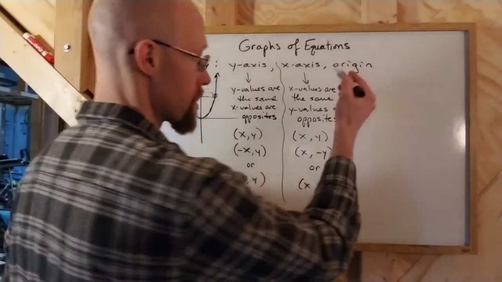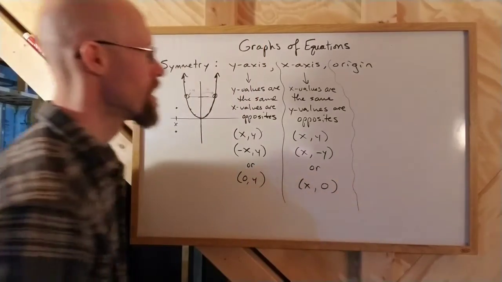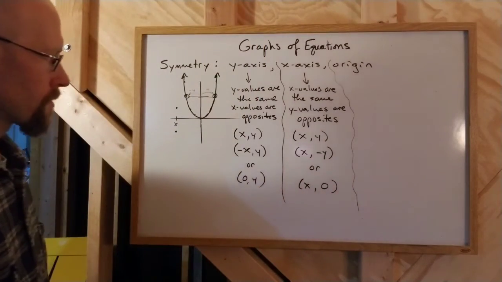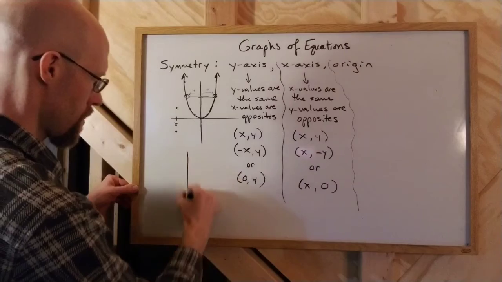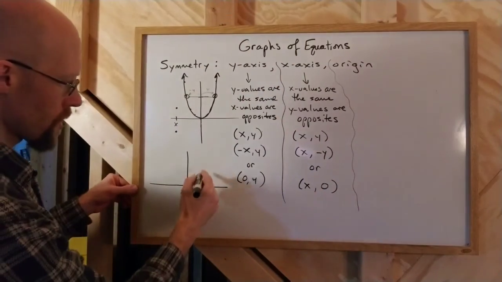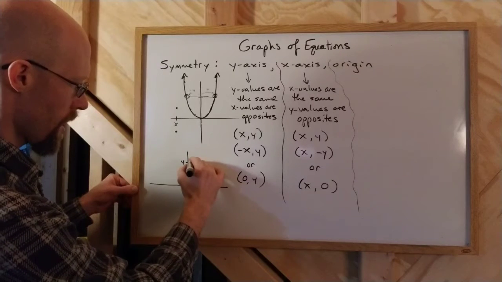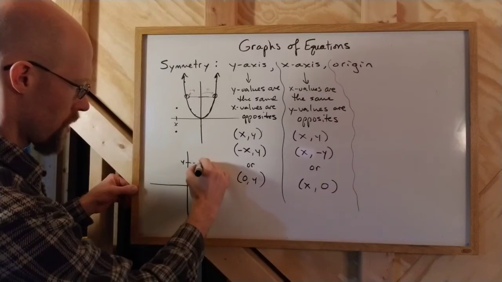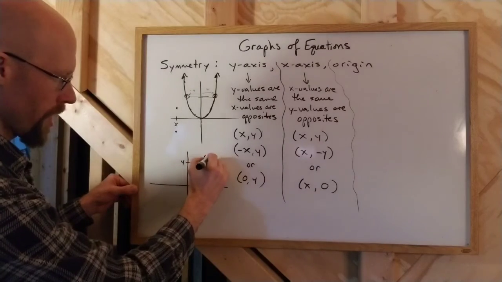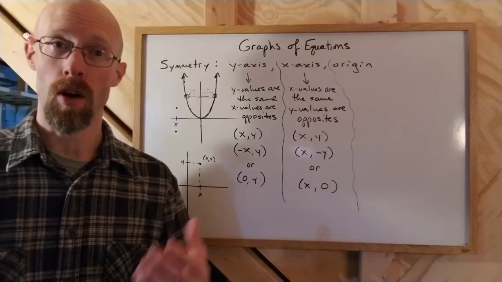Now, origin symmetry is the weird one. It's a little bit strange, and maybe I'll even draw a separate graph for this. With origin symmetry, if you have a point, we'll call it x comma y, and we'll put it right there. So there's the point x, y on the graph. Then you reflect it through the origin.